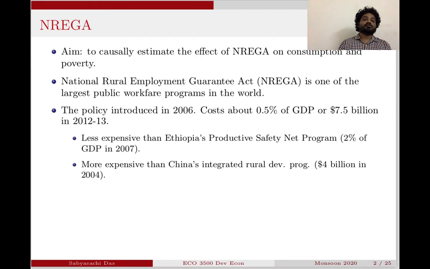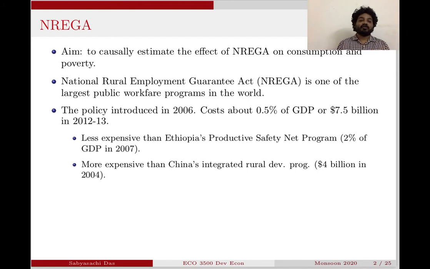It also came after a series of mobilizations and interventions by policymakers and policy activists in the public policy debate, arguing for a need for such a program. So it comes in 2006, and it grows over time, both in terms of its geographic reach as well as the money invested by government under this policy.